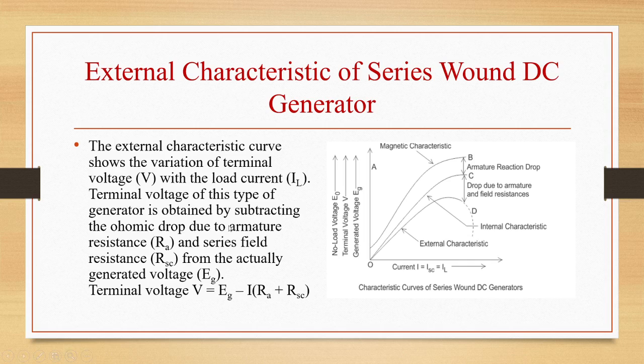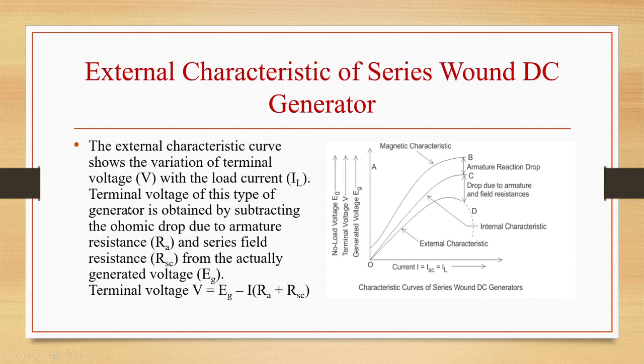In the form of an equation, V = EG - I(RA + RSC). Here V is the terminal voltage and EG is the EMF generated in the generator. I·RA is the drop in the armature, and I·RSC is the drop in the series field winding. When we subtract these two, we get the terminal voltage.